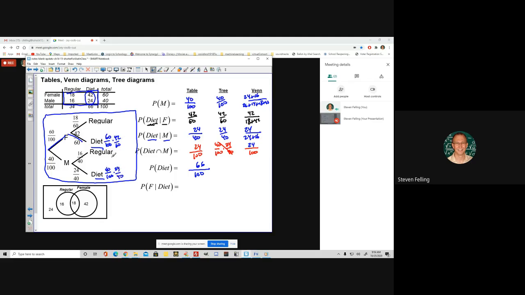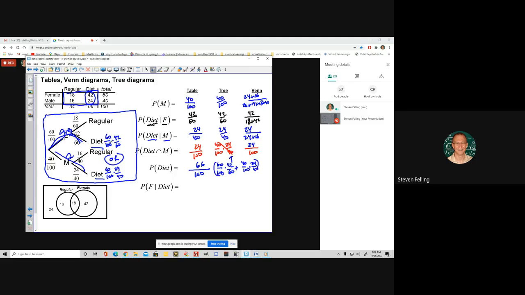Because it's this and this, remember we multiply to do "and," but then we have this or this, so we will add. So to do the tree, we would have to take 60 out of 100 times 42 out of 60, and then add 40 out of 100 times 24 out of 40, which is going to end up being 42 out of 100 plus 24 out of 100, which turns out to be 66 out of 100.